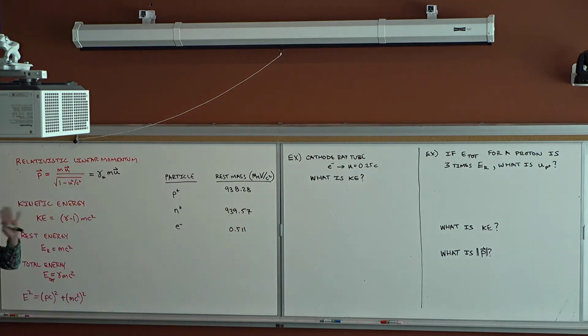So you're watching something move, you want to ascribe a momentum measurement to it, and the relativistic linear momentum goes as m times u divided by the square root of 1 minus u squared over c squared, where u is actually the magnitude of this velocity that you measure for the thing.